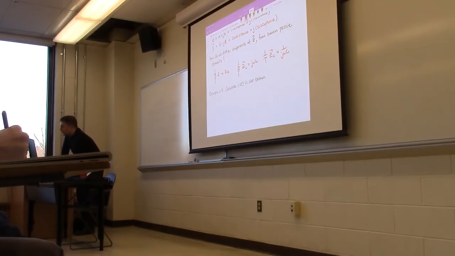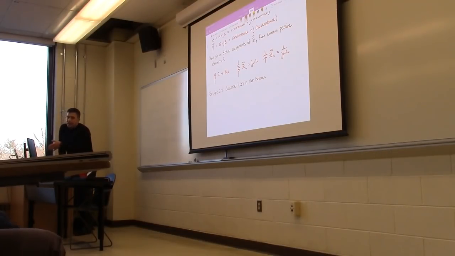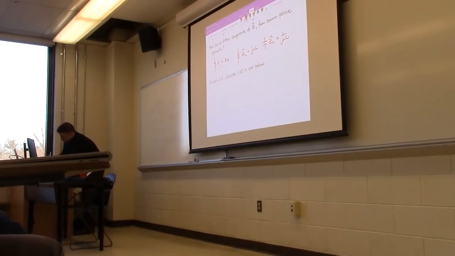There is an example 2.1. It just asks you to calculate Z for a couple components. It's essentially J omega L and 1 over J omega C. So that you can take a look at on your own if you have questions. This one is a little bit more in depth.